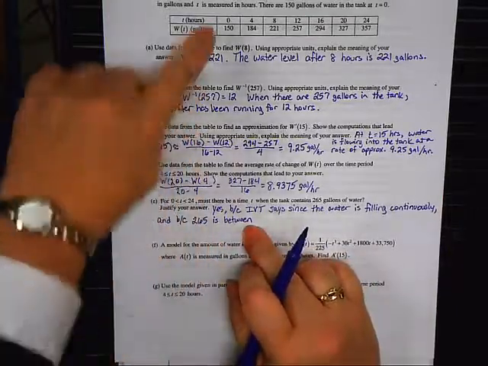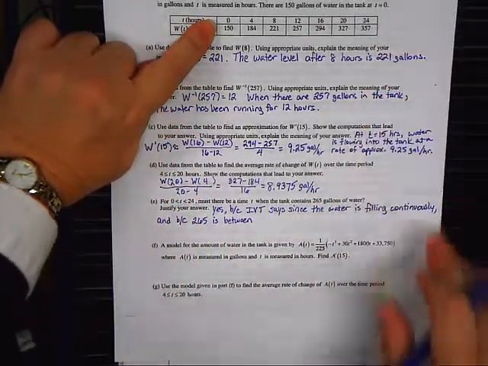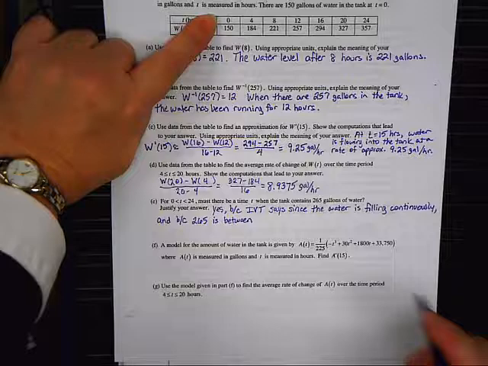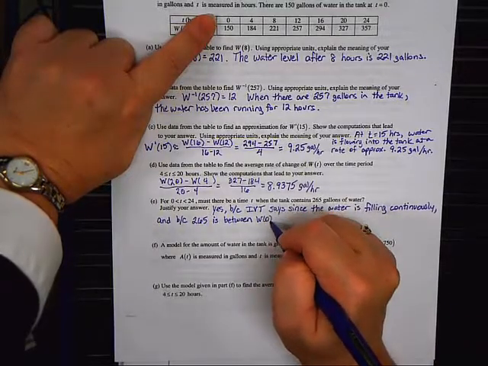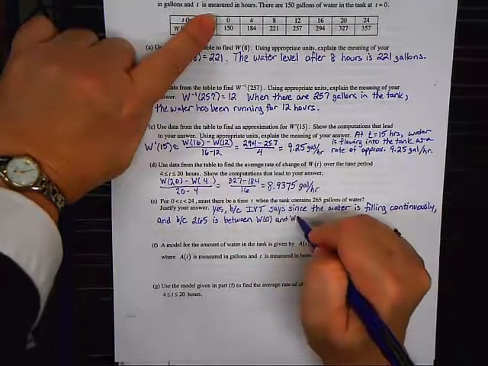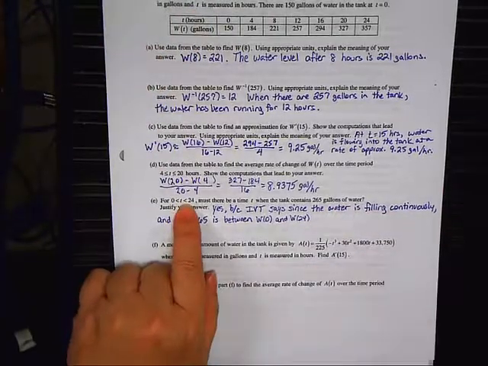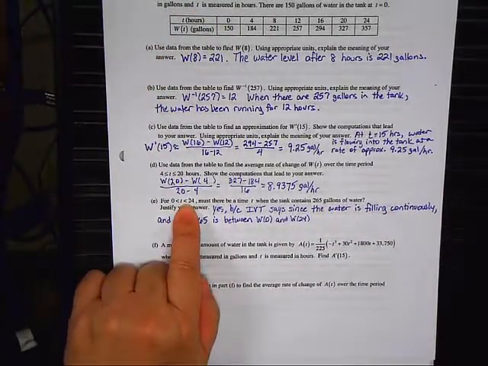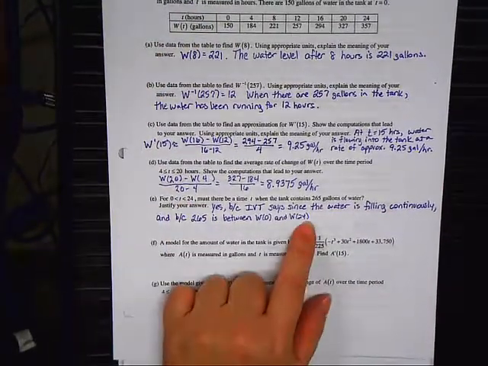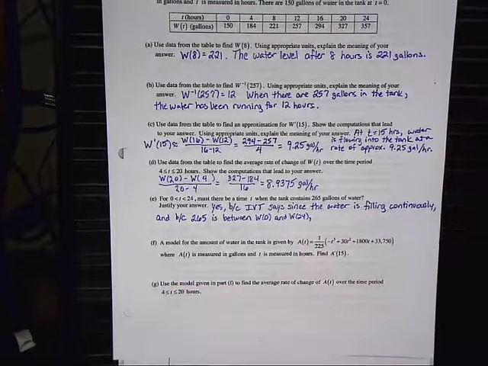Well, where in the world are we getting the 150 and the 357 from? It's between the W of 0 and the W of 24, because the 0 and the 24 were given in the setup. We have to address that. Okay. So, since it's filling continuously, and since 265 is in between those two, what does IVT say is going to happen?